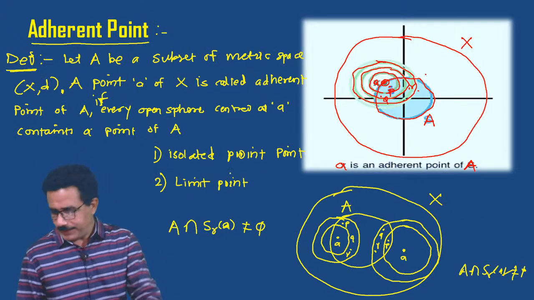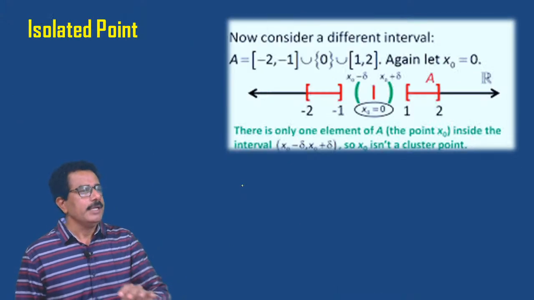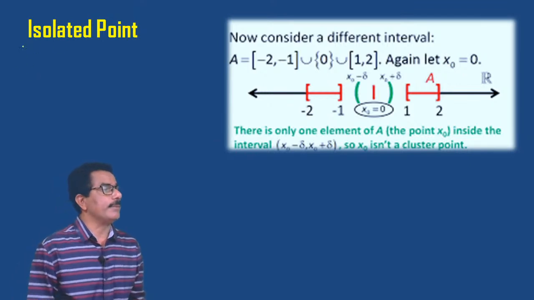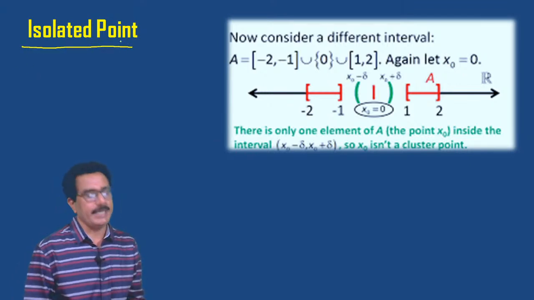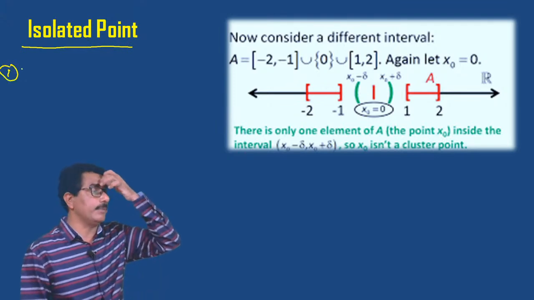तर इथं 2 डेफिनेशन तुम्ही लिहून घ्या, that is isolated point आणि limit point. ओके. Now consider this is an isolated point. Second definition, isolated point. Write down the definition of the isolated point.